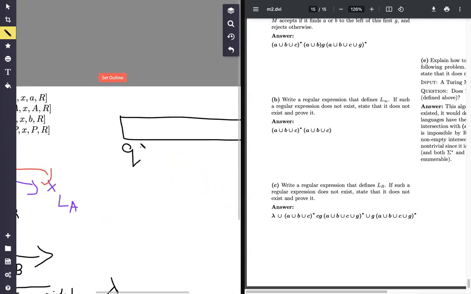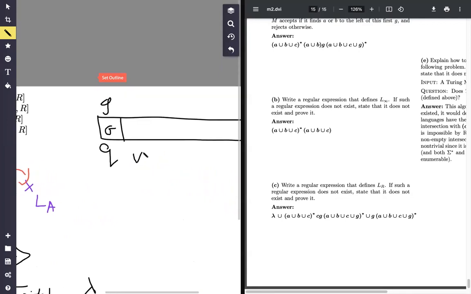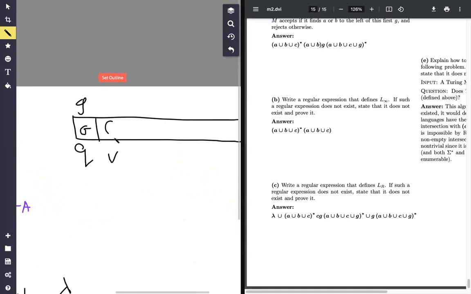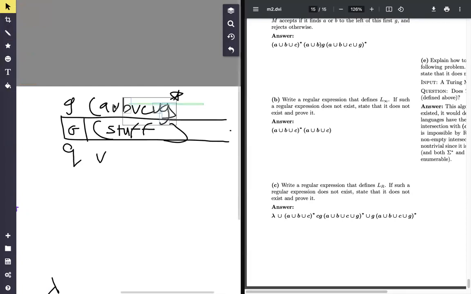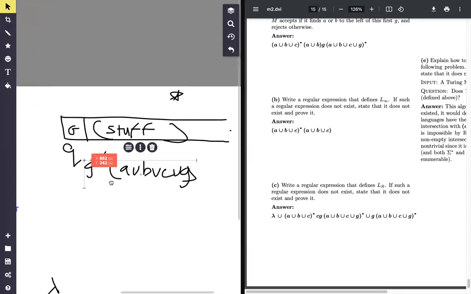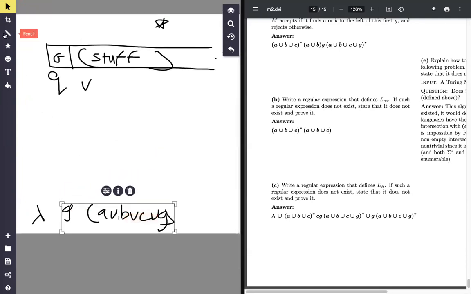Now I'm in state V. But keep in mind, I haven't hit a blank, which means there could still be stuff here. When there's stuff here, you write anything in the alphabet. So this is now how I reject on state V. Let's add that.